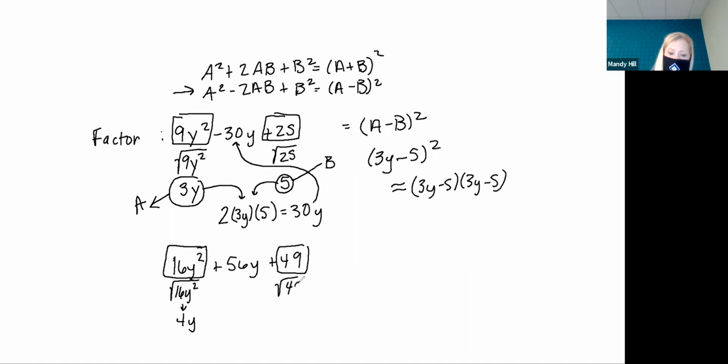So the square root of 49 is 7, because 7 times 7 is 49. Then to see if you're able to do the trick, you take 2 times both of these things. I don't know why I did that, sorry. You need to do the 7.